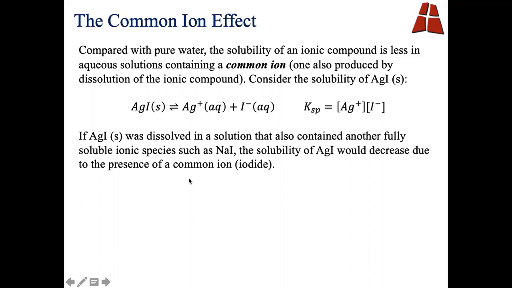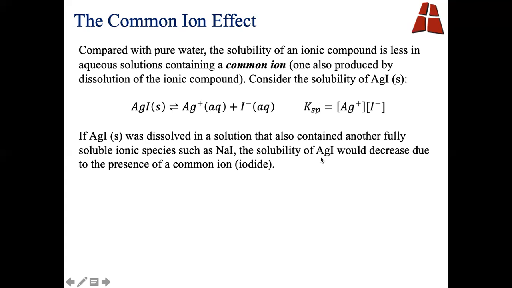Say we had this silver iodide, and we dissolved it in a solution that also contained another species, one that's fully soluble, such as sodium iodide. That would mean that the solubility of silver iodide would decrease due to the presence of a common ion.